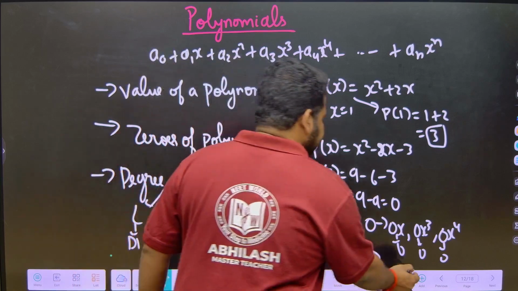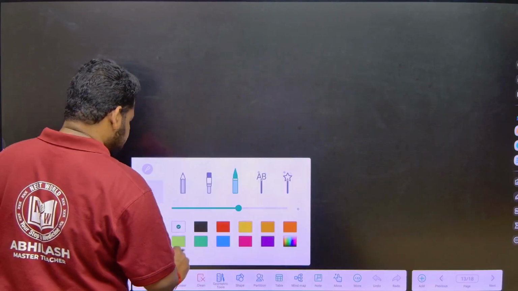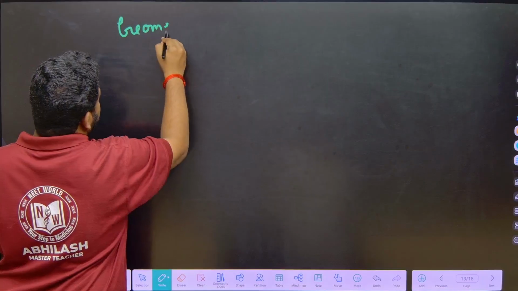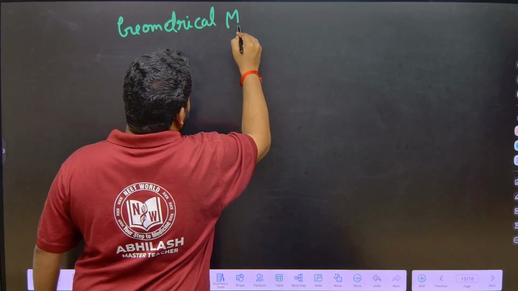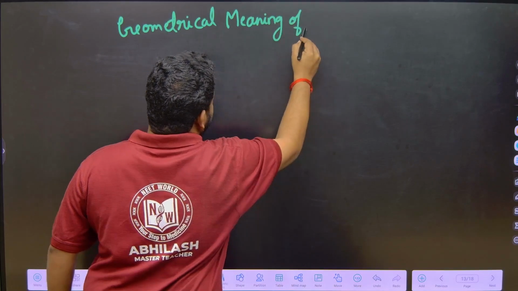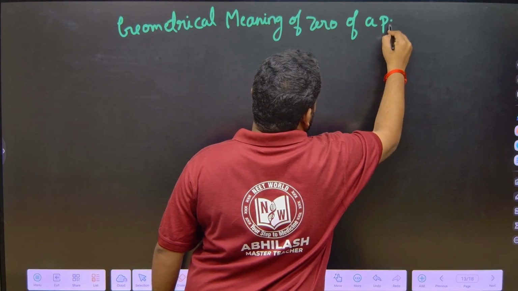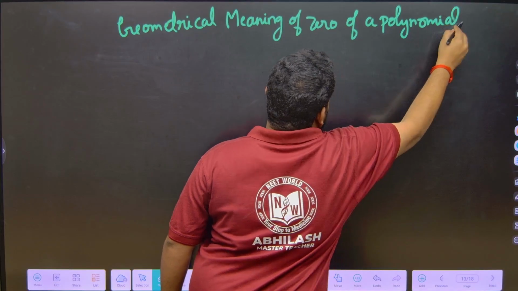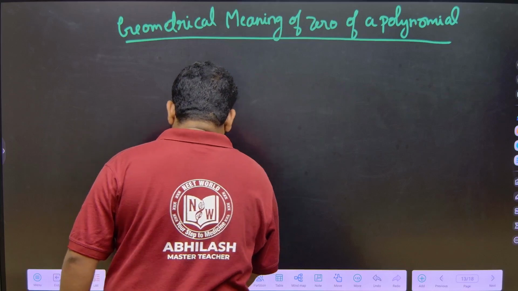Geometrical meaning of zero of a polynomial, that we will understand now.